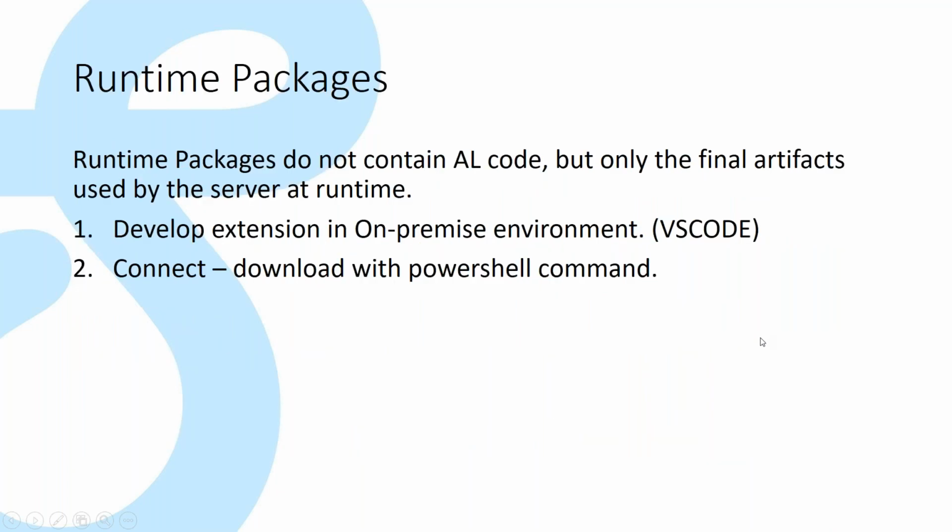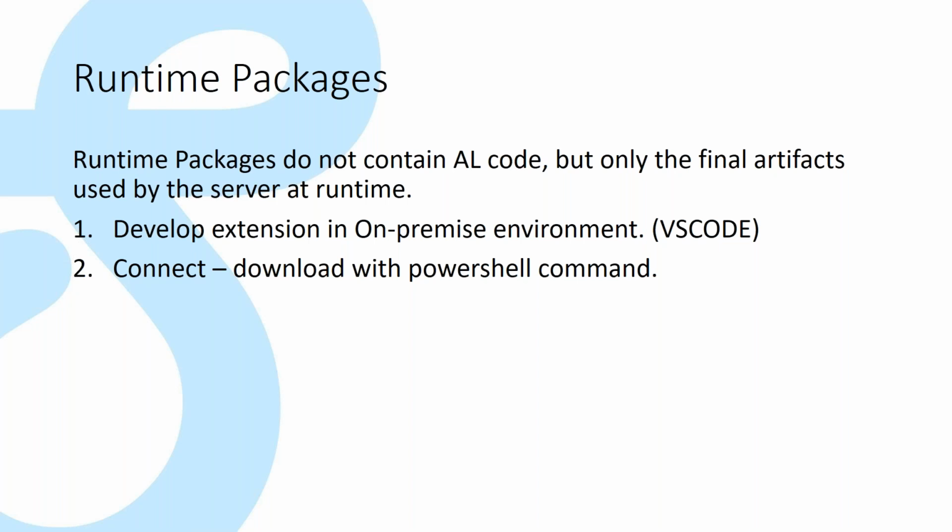What is a runtime package? Runtime packages allow you to protect your intellectual property, because they do not contain AL code, but only the final artifacts that are used by the server at runtime. The first step in order to use runtime packages is to have your extension already developed and published to the on-premise instance.